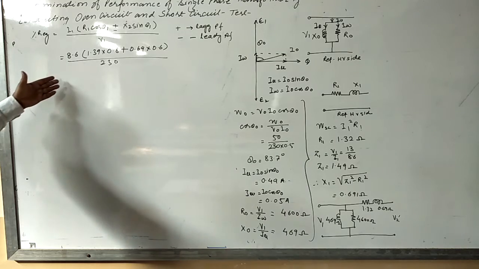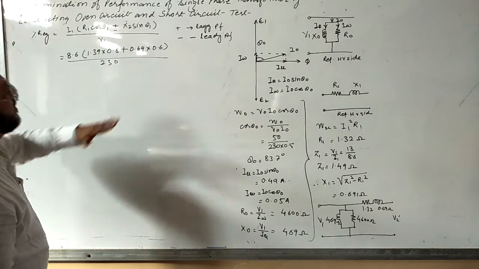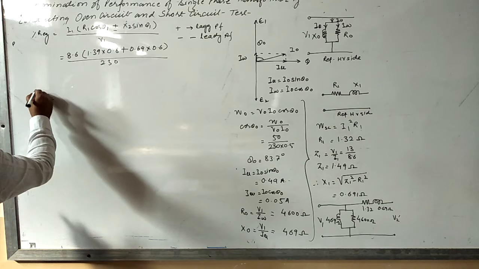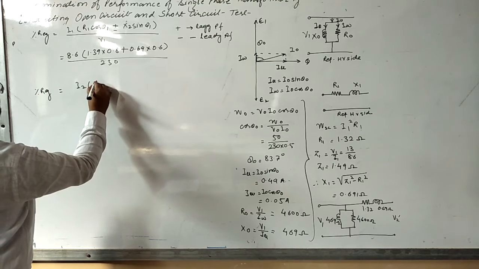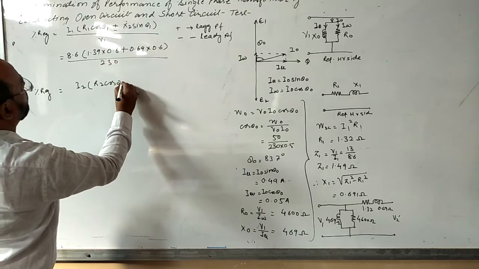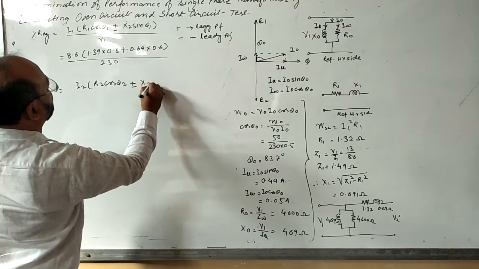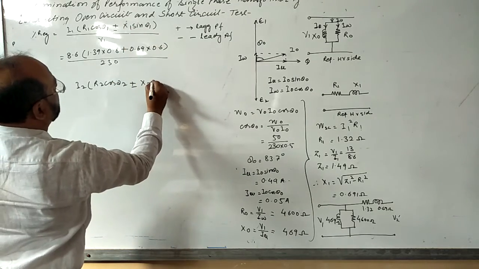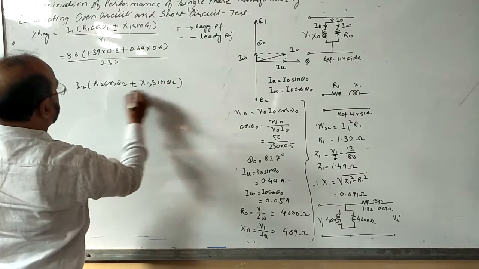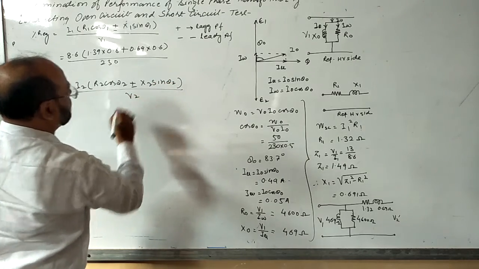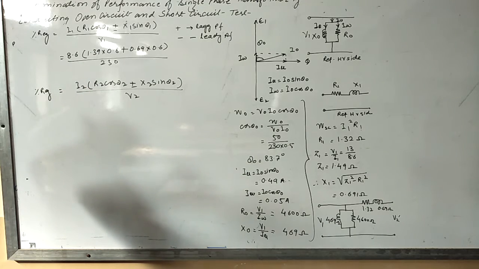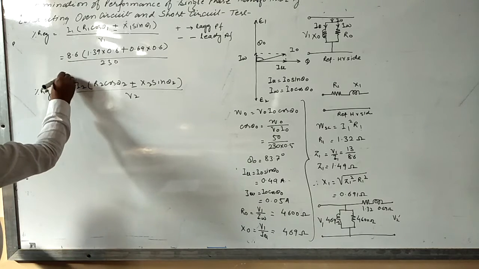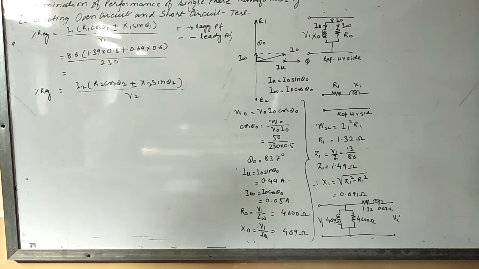If you want to refer the voltage regulation to the LV side, then the percentage voltage regulation becomes I2 into R2 cos theta 2 plus or minus X2 sin theta 2 divided by V2. But we have to refer the resistance to the secondary side. So the value under such condition is 5.5%.